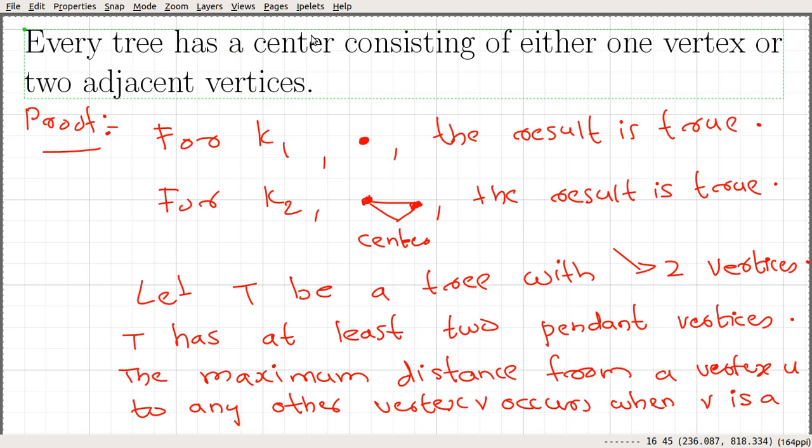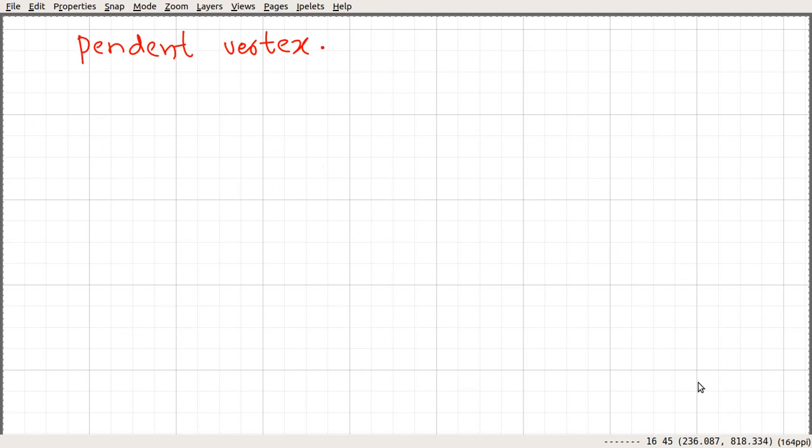Since we are dealing with a tree, a tree has at least two pendant vertices, and the maximum distance from a given vertex u to any other vertex v occurs when v, the second vertex, is a leaf vertex or a pendant vertex.